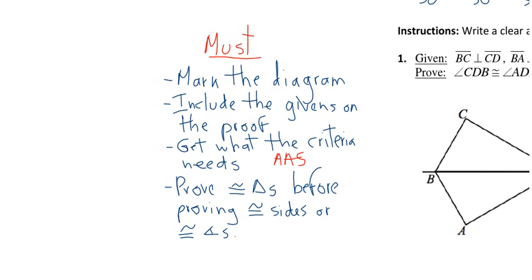So if I have segment AB congruent to segment DC, for example, I write an S next to it just to make it clear that I do have 1 pair of congruent sides. And you can see here, these are sides, and I'm saying congruent.